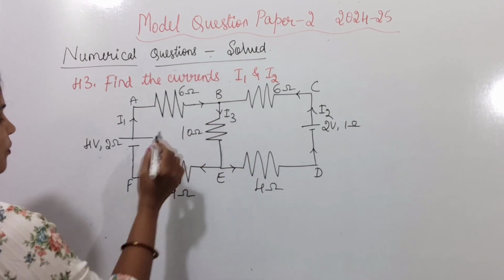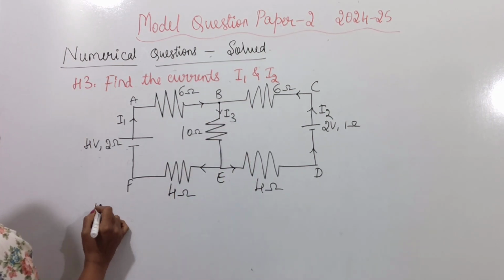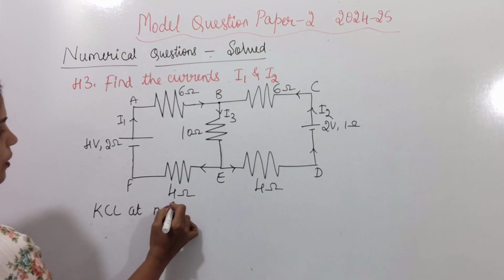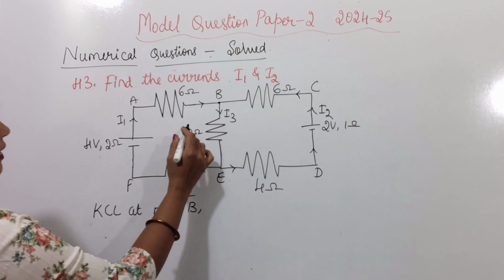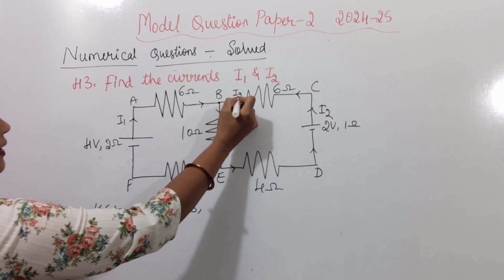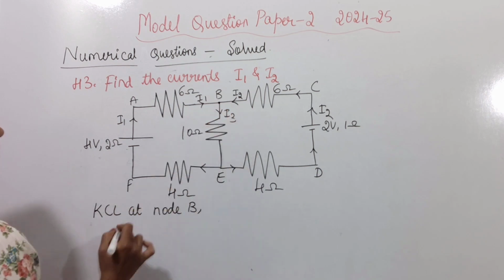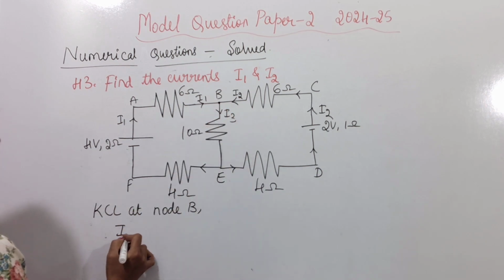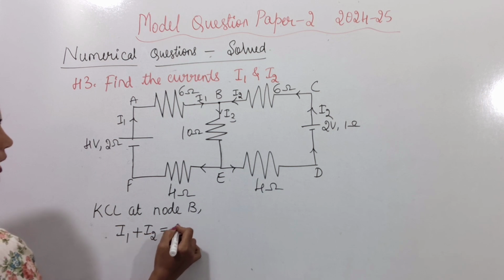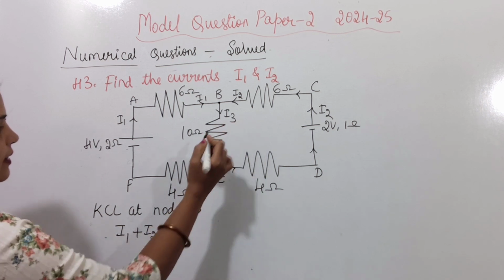Therefore, at node B, if I apply KCL, then the total current entering is equal to the total current leaving. The current entering is I1 as well as I2, equal to the total current leaving, which is I3.